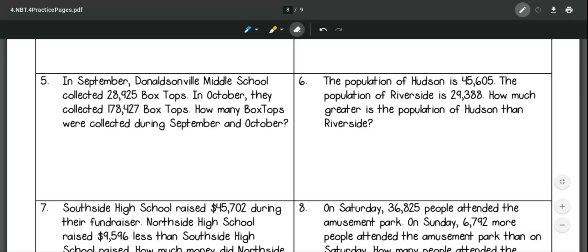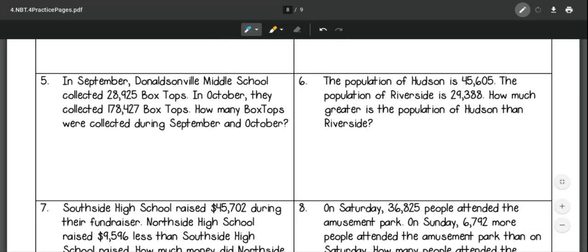How many box tops were collected during September and October? So they told me how many were collected in October, and they also told me how many were collected in September. So if they want to know how many were collected in both September and October, then I know that I'm going to have to add.